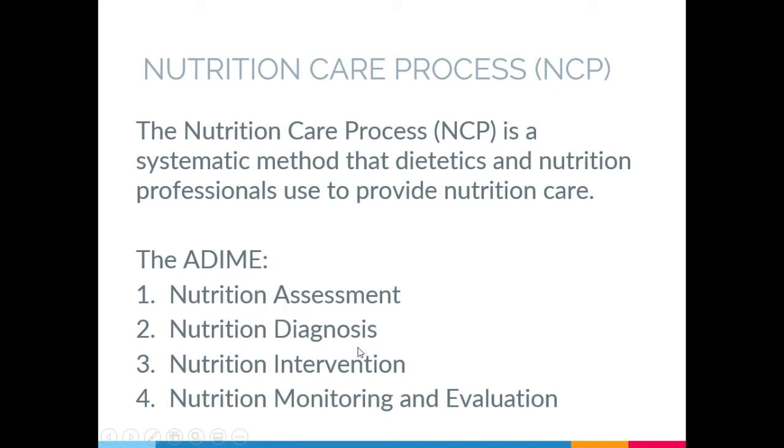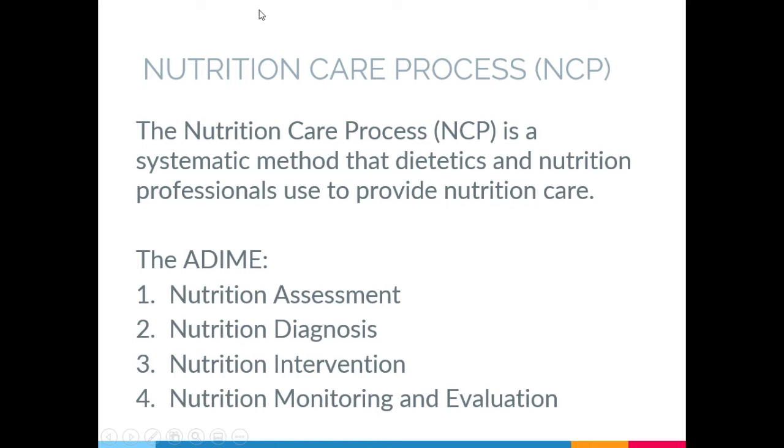Then next is the diagnosis. So the diagnosis is where we name what the nutritional disorder or nutritional disease or nutritional problem of the patient is. Okay? An example of a nutrition diagnosis is obesity. Okay? But to make a formal diagnosis, there is a format we follow, which is called the PES format.